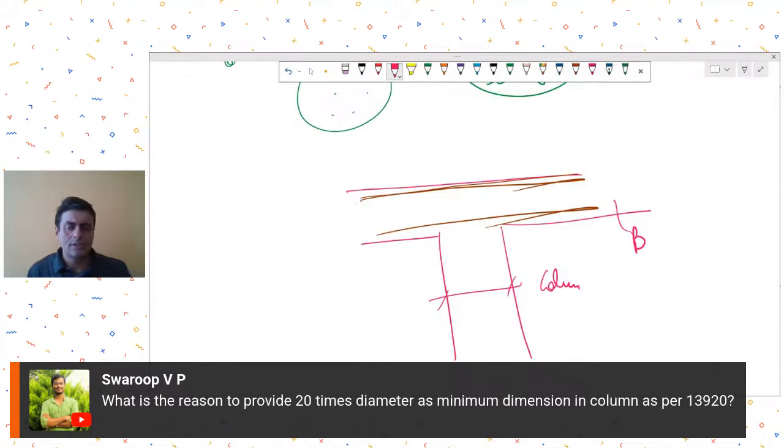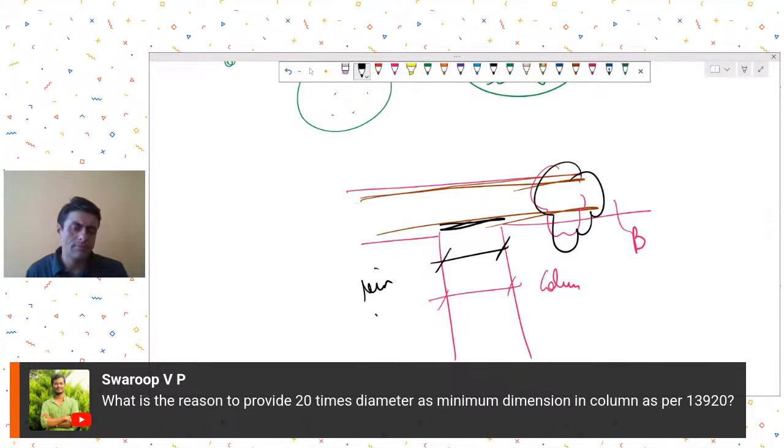So what the research has found out is that due to cyclic loading, what may happen is that if your reinforcement bar does not get adequate seat on this column, then under the cyclic loading, it is unable to perform in an expected manner. Okay, especially at the end location.